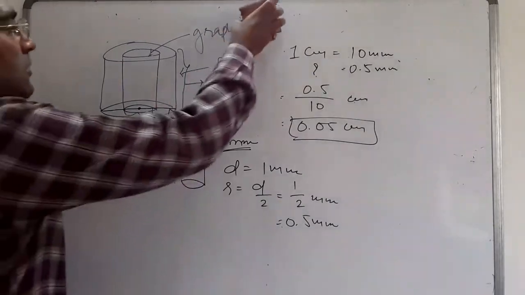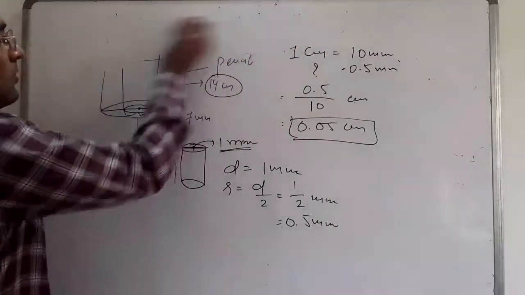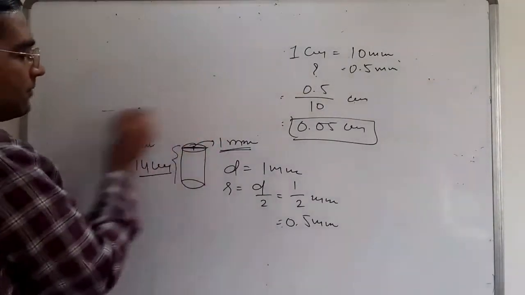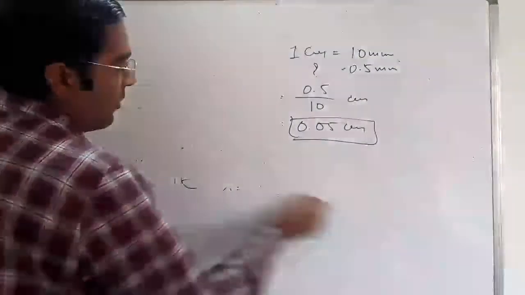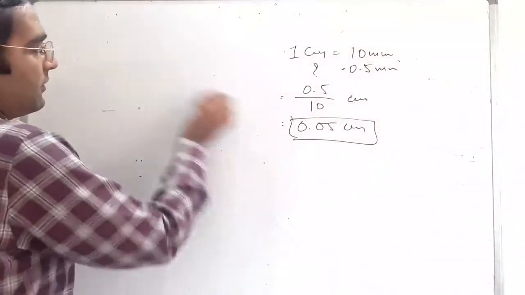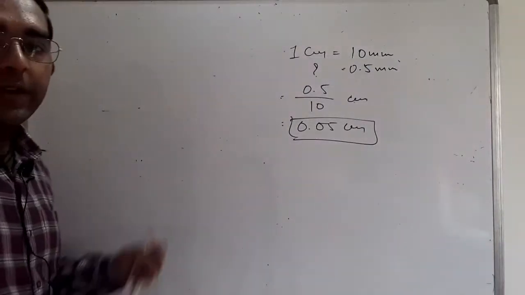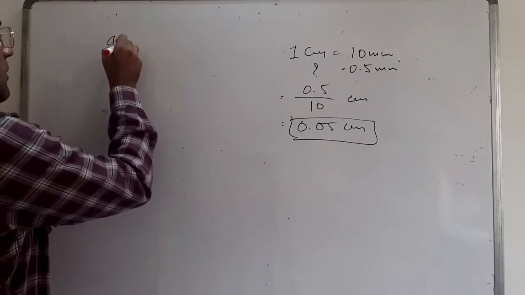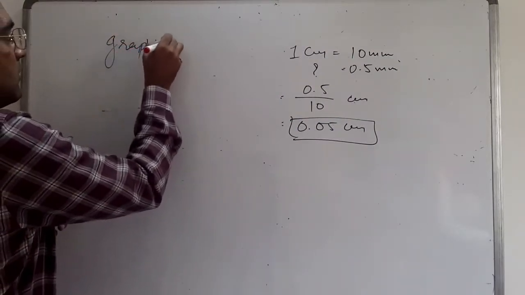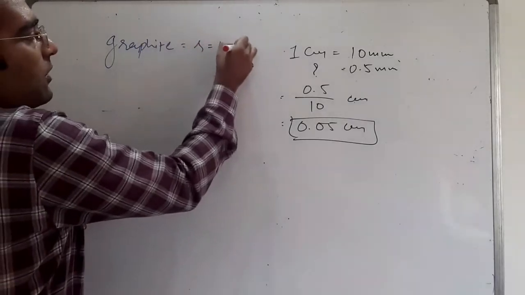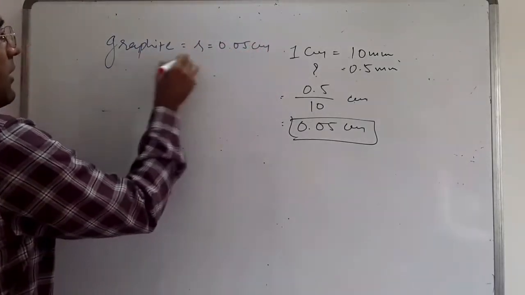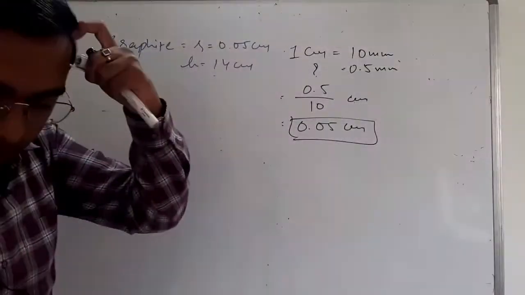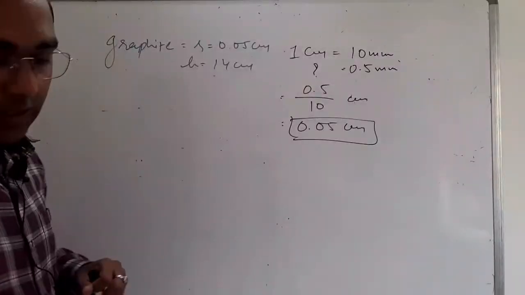From all of these things we know that for the graphite, my radius is 0.05 centimeter and my height is 14 centimeter.